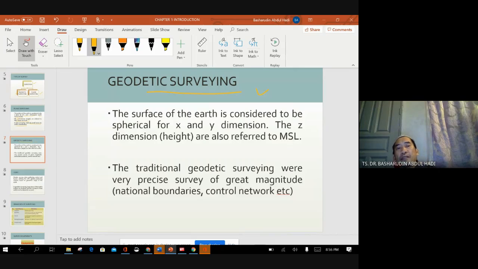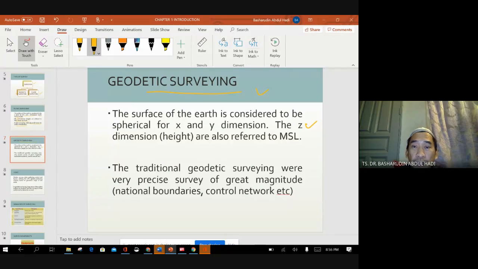Because it's a geoid. Geoid means that our earth is a sphere. Right? So normally, if you measure from the United States of America going to Malaysia, you have the effect of the geoid. Okay? The surface of the earth is considered to be spherical for x and y dimensions, and the z dimension, heights, are also referred to mean sea level.